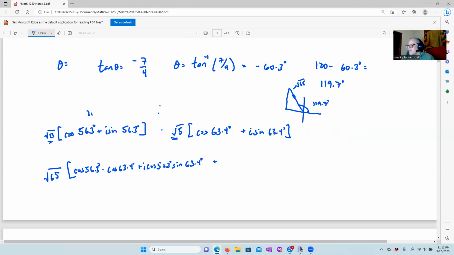Then we have plus i, this is my inners: sine of 56.3 degrees times cosine of 63.4 degrees. Let's clean that up a little bit.